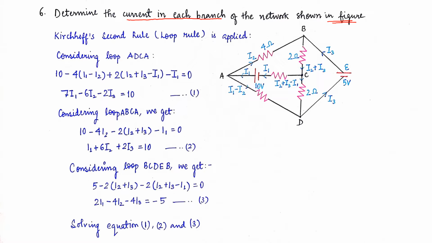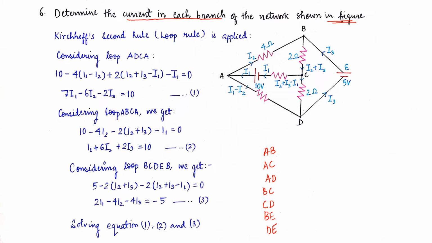We have to determine the current in each branch: branch AB, branch AC, branch AD, then BC, CD, and then BE, DE. So these are the branches in which we have to determine the current. I'll highlight the branches for you.